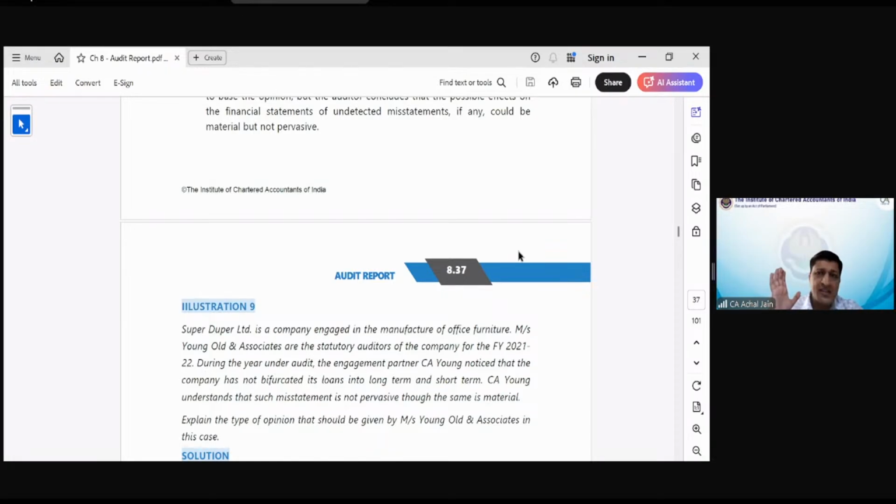The question says it's a material misstatement, but looking at this type of error, CA Young is thinking that it's not pervasive. In this case, you are required to comment on what type of opinion should be given by the audit partner. Over to you, quickly.